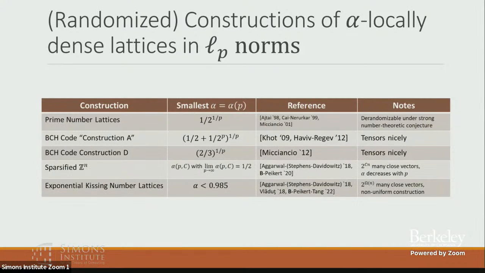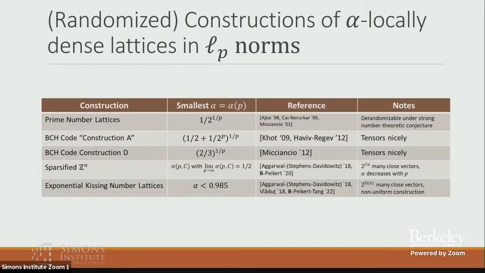More recently, some really cool work, beautiful work by Devesh and Noah, started looking at showing fine-grained hardness results for SVP. The key for fine-grained hardness is having exponentially many, not just sub-exponentially many, close vectors.